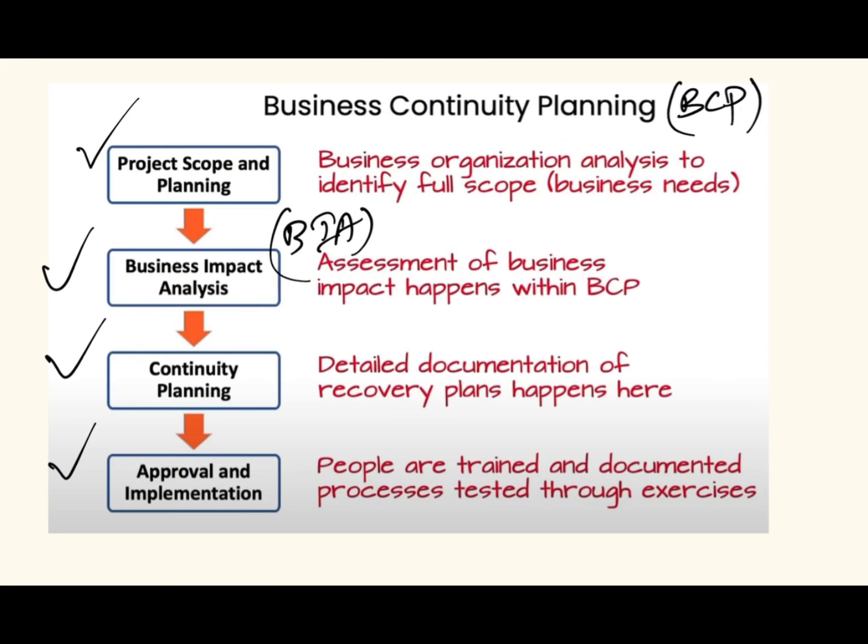Just keep in mind, BIA comes under BCP. Okay, so continuity planning. And one more thing I would like to highlight, BCP is an umbrella, and under that umbrella we have all these key phases, and the disaster recovery plan also comes under this BCP. So that you need to know for the CISSP exam.